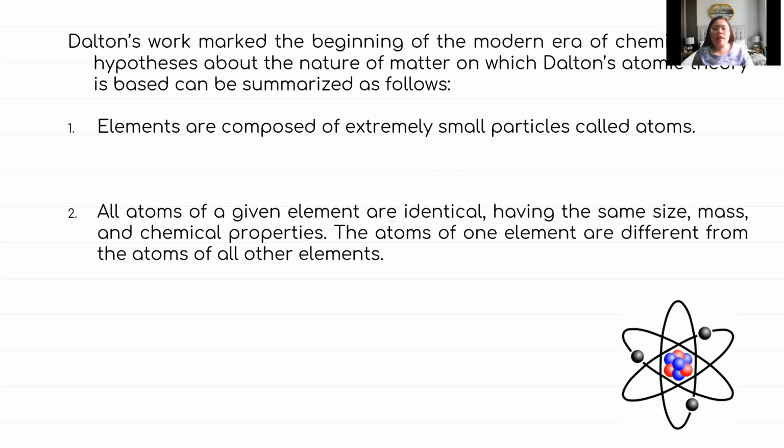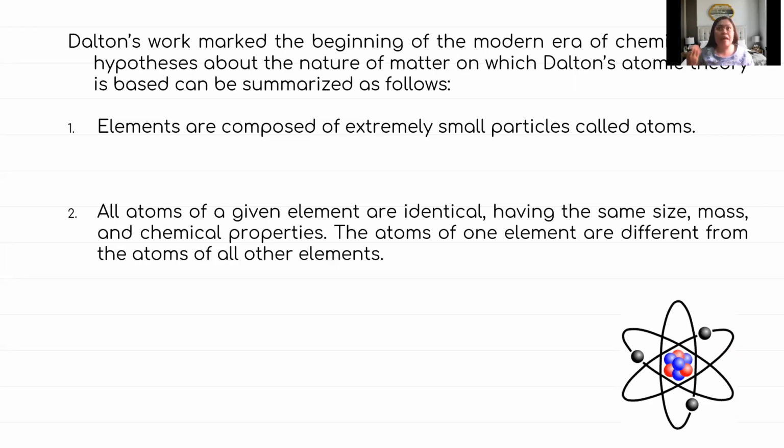And then, all atoms of a given element are identical. They have the same size, shape, and chemical properties. So when you say the element hydrogen, all hydrogen on Earth only has the same type of atom, and that is the hydrogen atom.